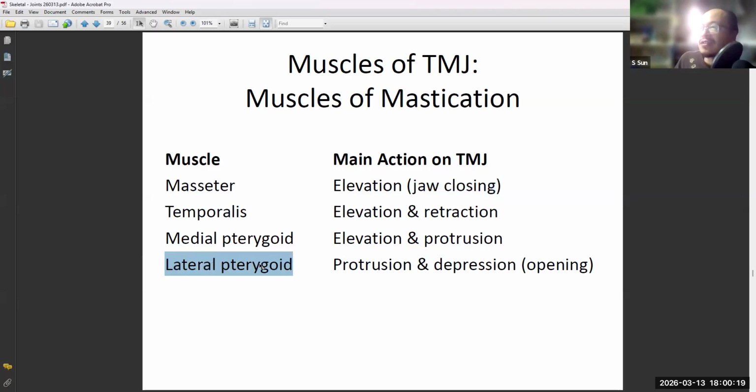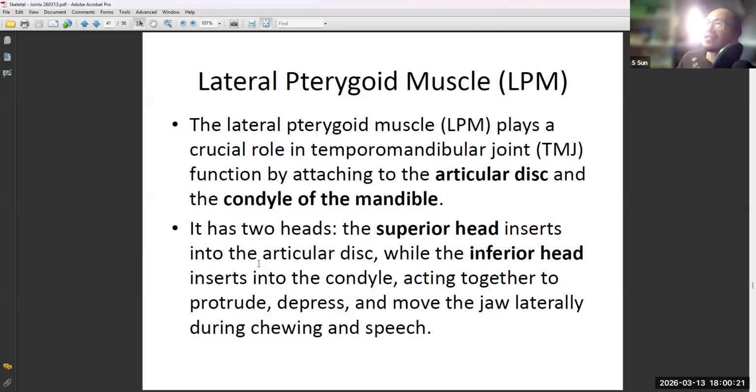So let's take a further look at this one here. Lateral pterygoid muscle right here. The lateral pterygoid muscle is the only muscle to open your jaw.